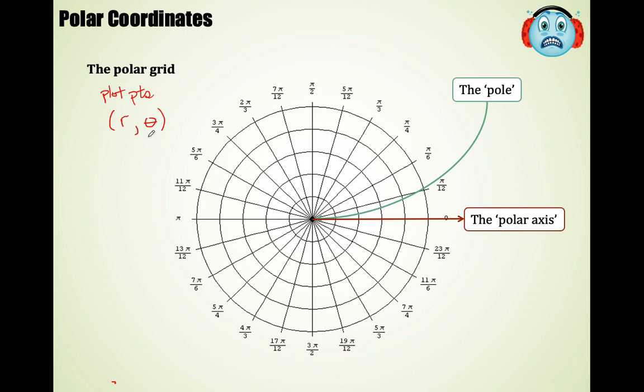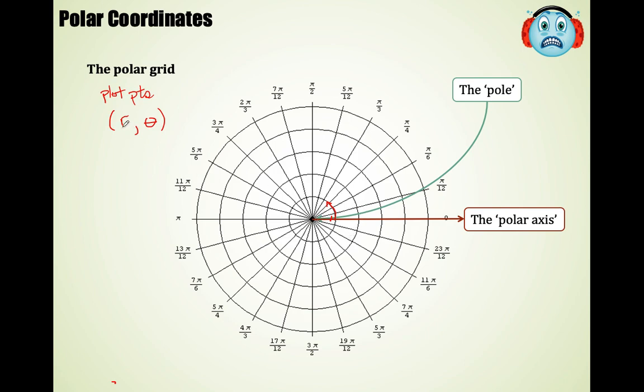And remember from our trig and from parametrics, in standard position, and that's why I only drew the positive polar axis here, theta is always measured in the counterclockwise direction to be positive, and if theta is negative, you're going in the negative direction.